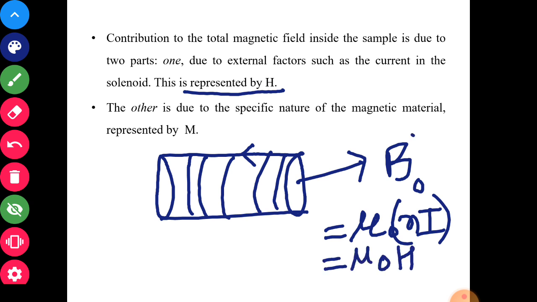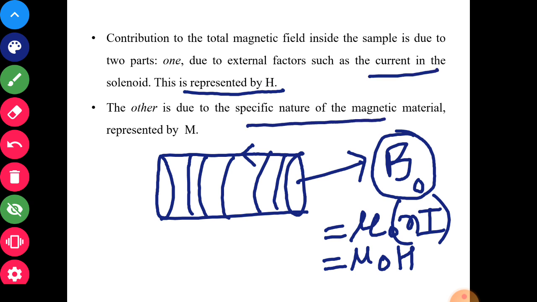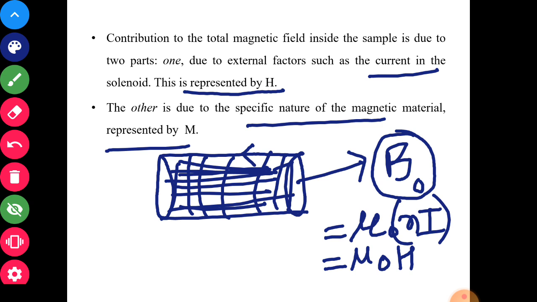So B0 is the magnetic field produced due to the external factor, that is the current in the solenoid, and the other one is the specific nature of the magnetic material. Whatever material you place here, say an iron rod, has a particular tendency and a specific nature, and because of that a magnetic field is produced.